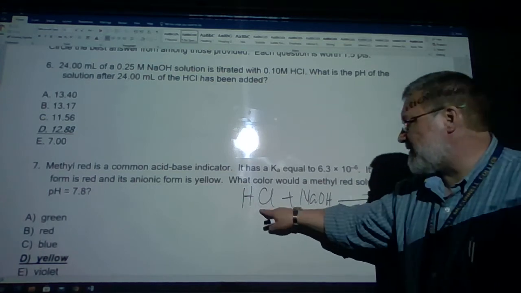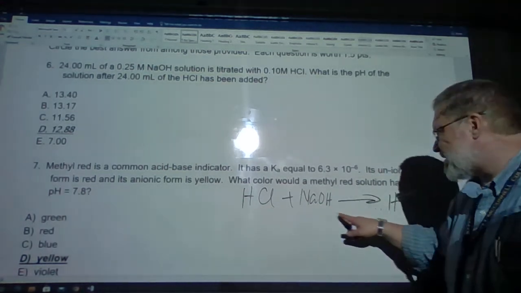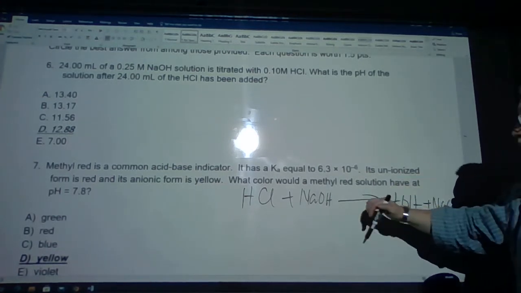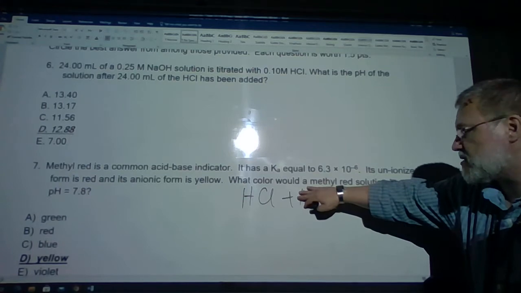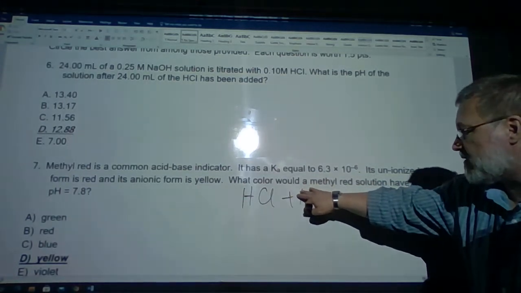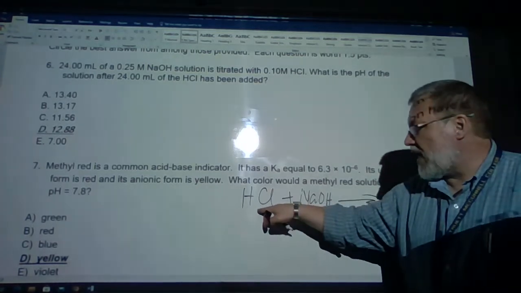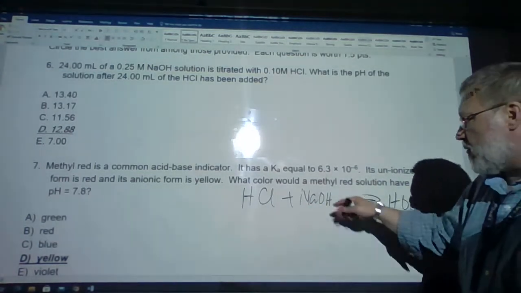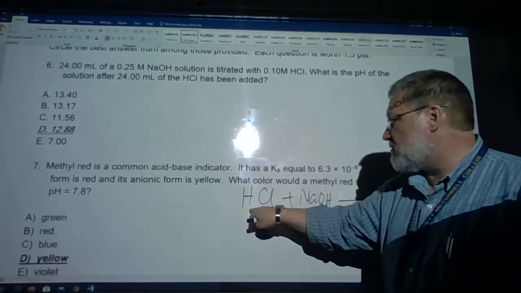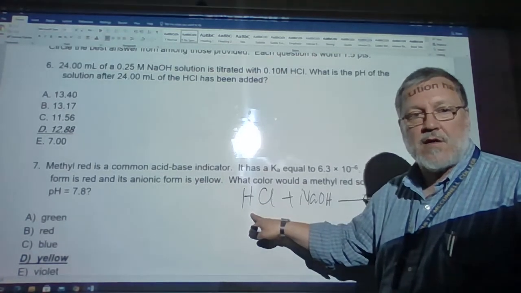If we have excess HCl left over, what does HCl do? If we have no NaOH left over, we've consumed it all, we have only HCl left over. If it's in water, it produces H plus and Cl minus. So if we have only HCl left over because all our sodium hydroxide has been consumed, the pH of the solution is going to be determined by the concentration of your HCl.